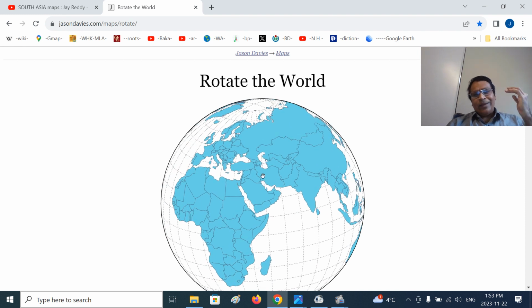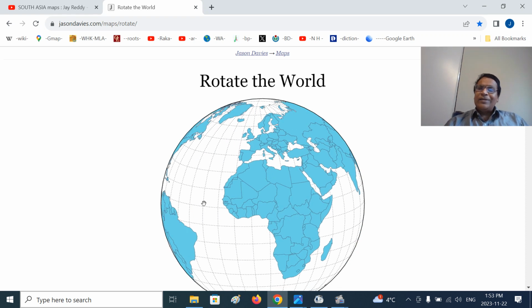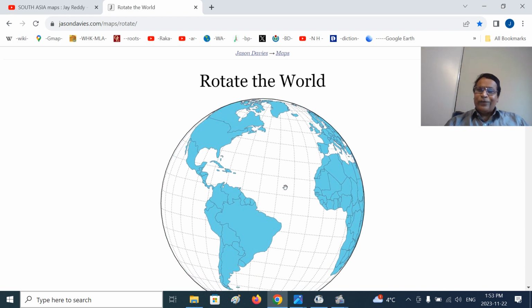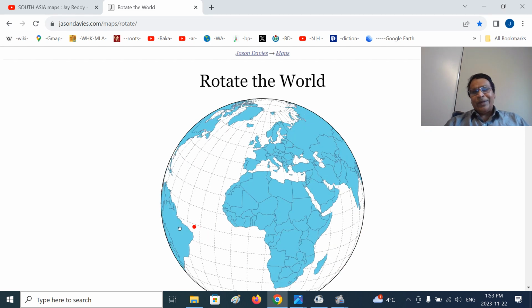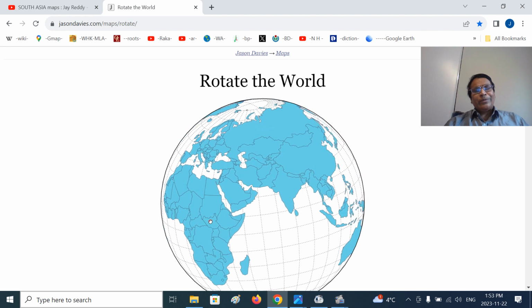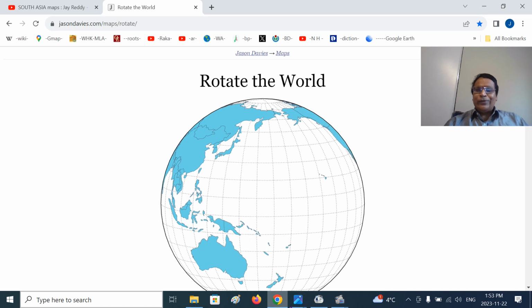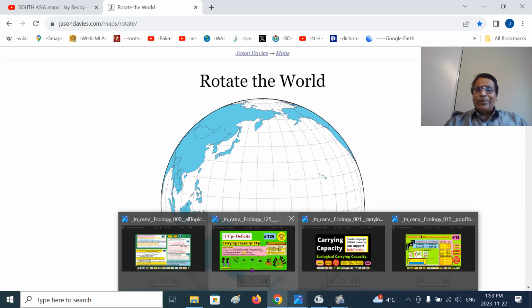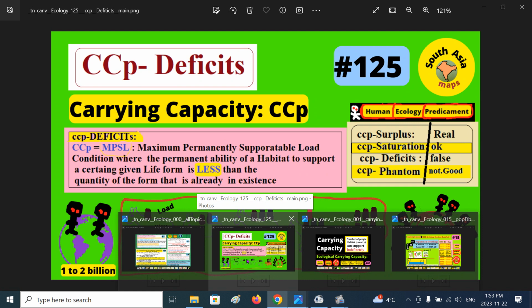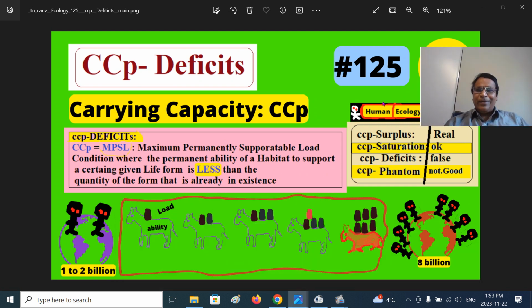The entire planet Earth, which has around 150 million square kilometers of land surface area and 360 million square kilometers of oceanic water bodies, around 510 or so million square kilometers in all, now suffers from carrying capacity deficits. The Earth cannot support so many humans, and it cannot support their very high affluence, everybody having an automobile and using a lot of energy.